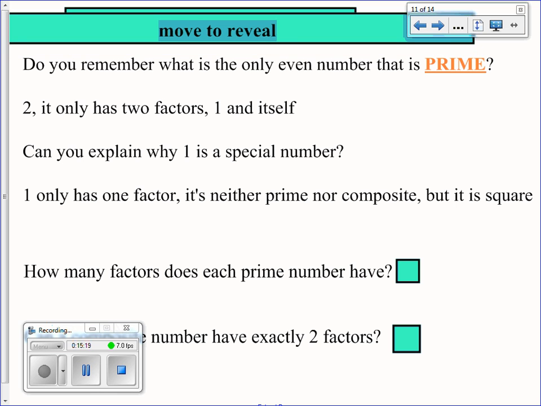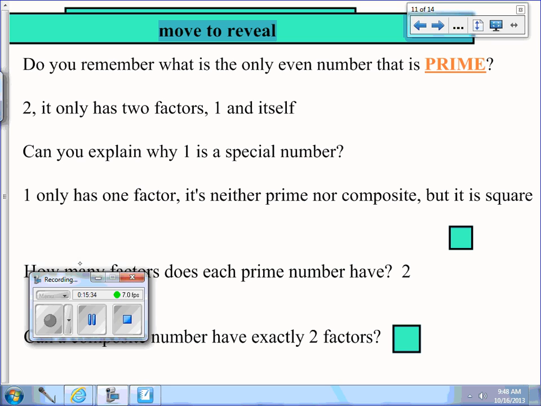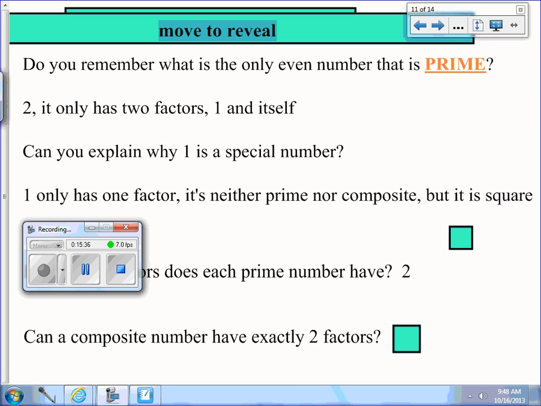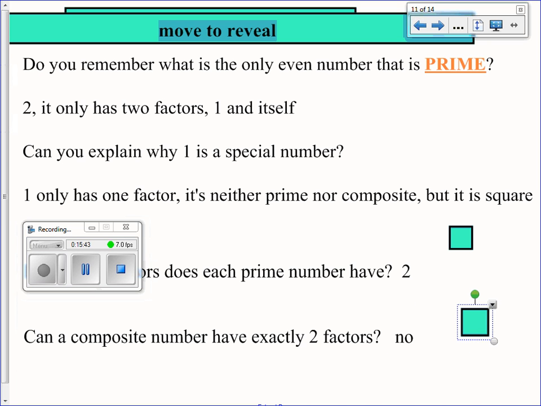It's neither composite nor prime. Very important to remember that. How many factors does each prime number have, class? 2. And our last question is, can a composite number have exactly 2 factors? No, because then it would be a prime number.